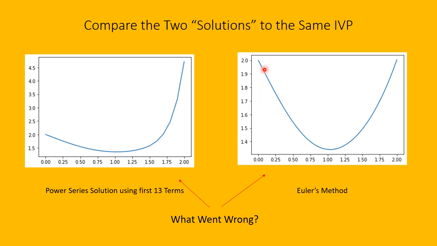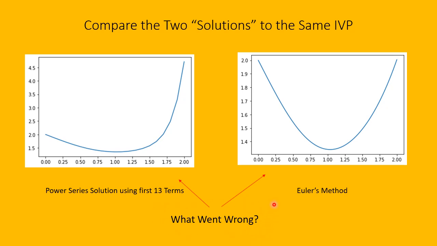And over here, this is the graph that we got for the solution to the initial value problem using Euler's method. Unless you have cataracts, these two curves probably do not appear to be the same. So the question is, if both of these are supposedly solutions to the initial value problem, what went wrong?